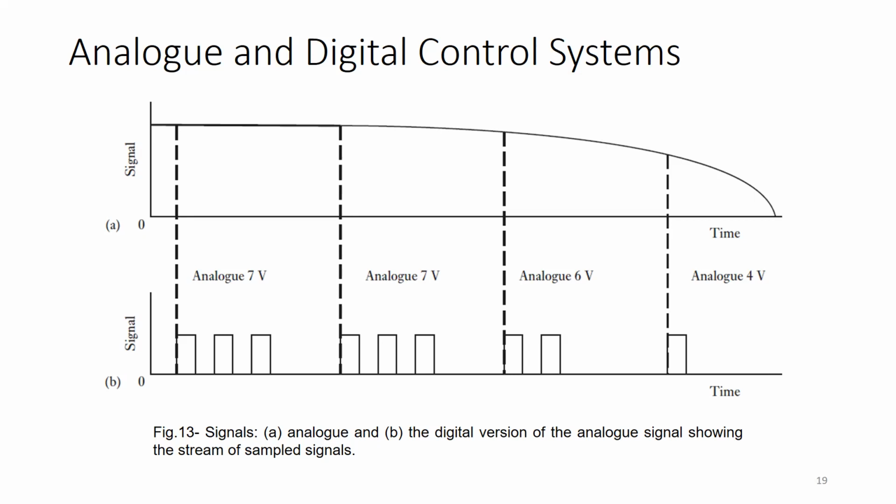So a simple example over here is shown, like if this is a graph between the amplitude of the signal and time of the signal. Okay, so this is the analog form of the signal. And this is the digital version.